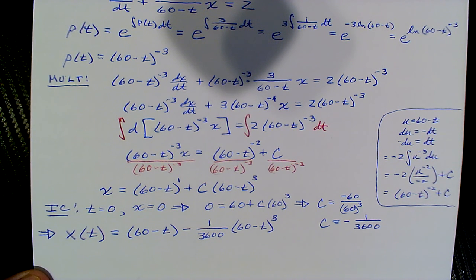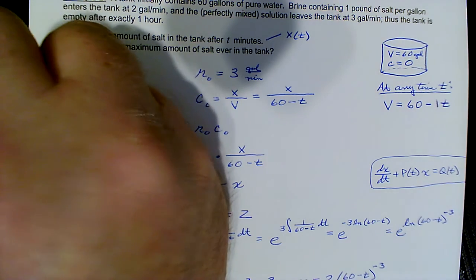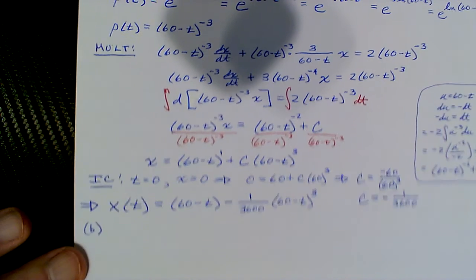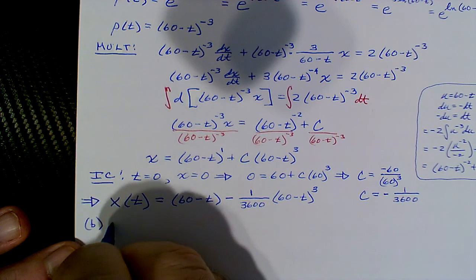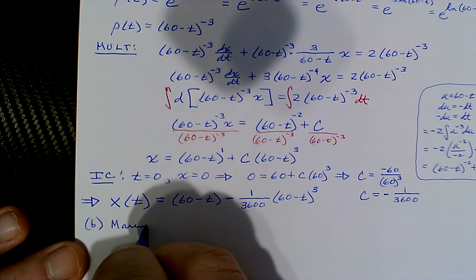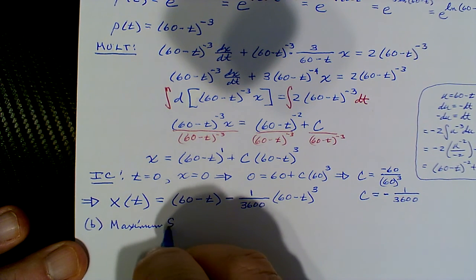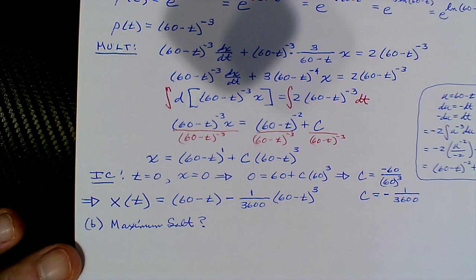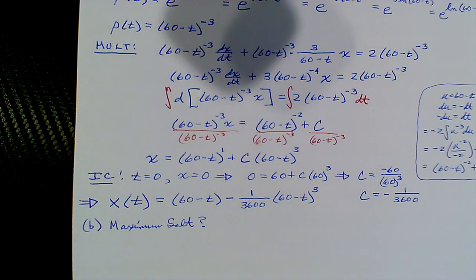Okay, so that's actually just part A. I didn't label these, but if you go to the top, you can label this as part A if you want. And part B, it says, what's the maximum amount of salt at any time? Well, if you remember from Calculus 1, max and mins, because x is the amount of salt, if we want the maximum salt, maximums and minimums are found by setting the first derivative to 0.